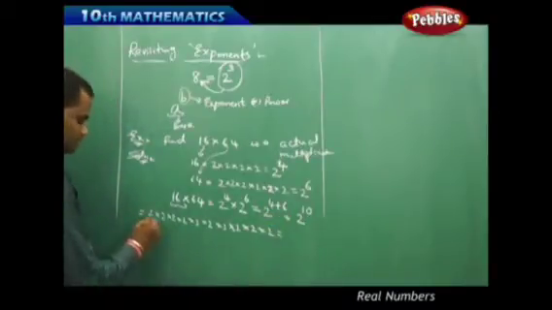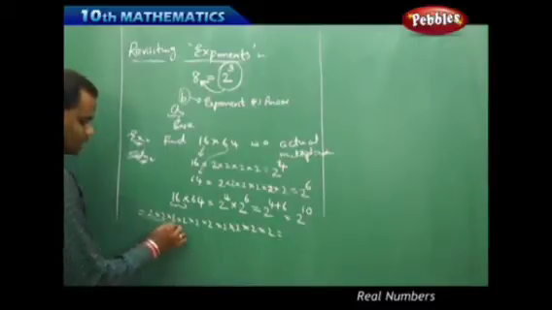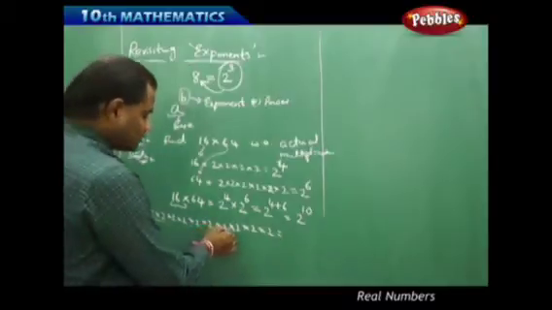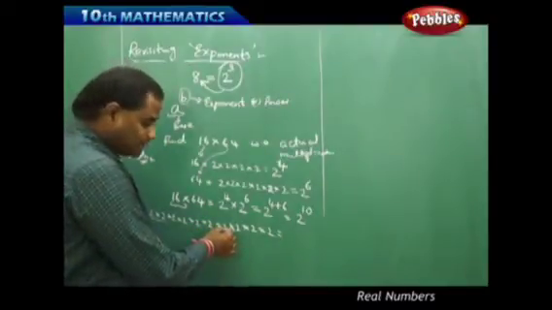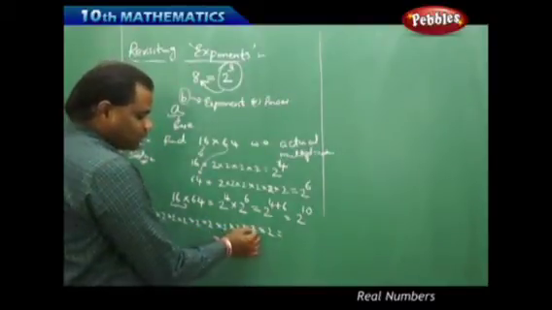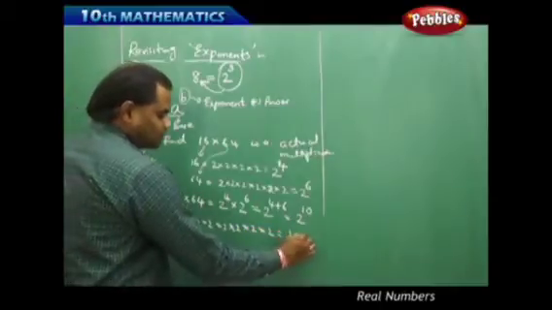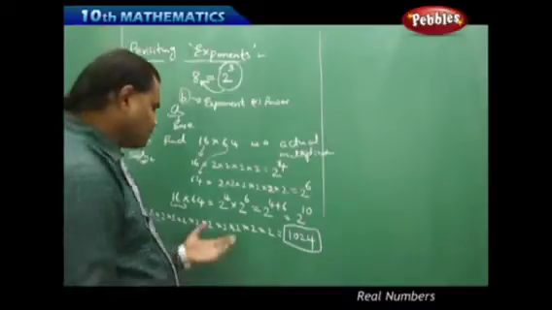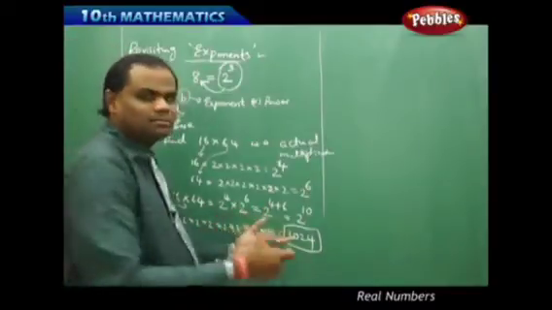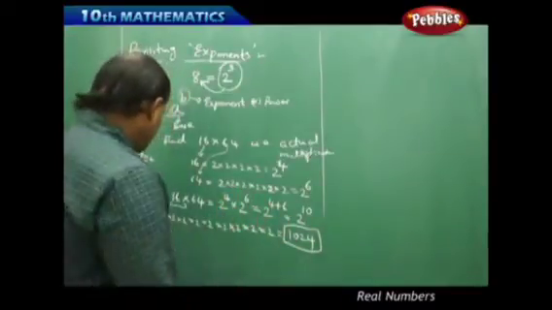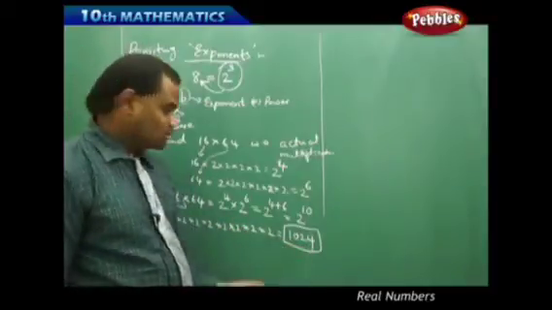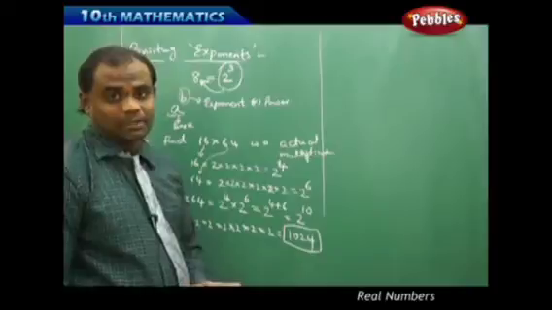So I take them differently by taking 2 2's 4, 4 2's 8, 8 2's 16, 16 2's 32, 32 2's 64, times 2 128, 256, 512, 1024. So every time I double the value, whatever I get here, I double, double, double, double. So 10 times you double 2, finally I get 1024. Now this is strictly done without the actual multiplication.